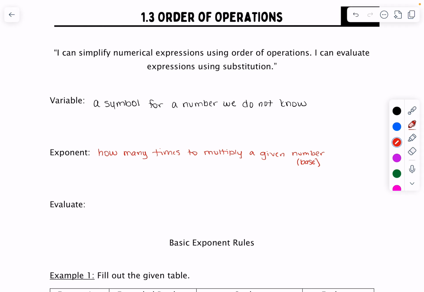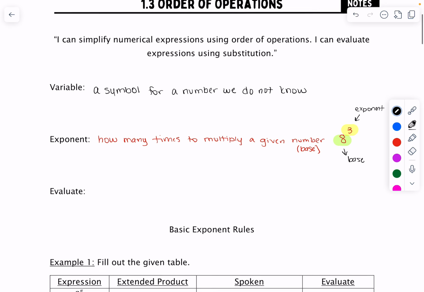So for example, if I have something like 8 to the third power, the 3 here, that is going to be my exponent. And the 8 here, that is going to be my base. That's about as much as we need to know for exponents. For now, we're going to talk a little bit about how we evaluate that in the calculator and what that kind of looks like written out here in a minute.